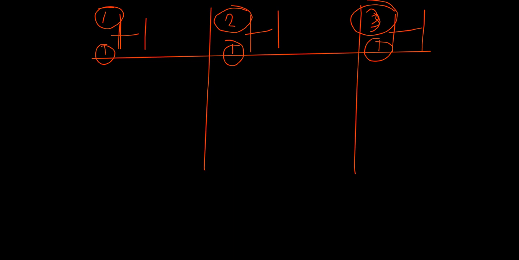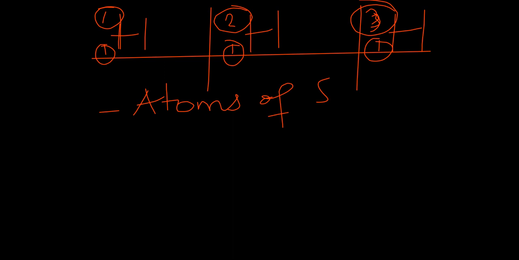So isotopes simply are atoms of the same element. Remember, these atoms should be of the same element. Then two, these atoms should also have the same atomic numbers.